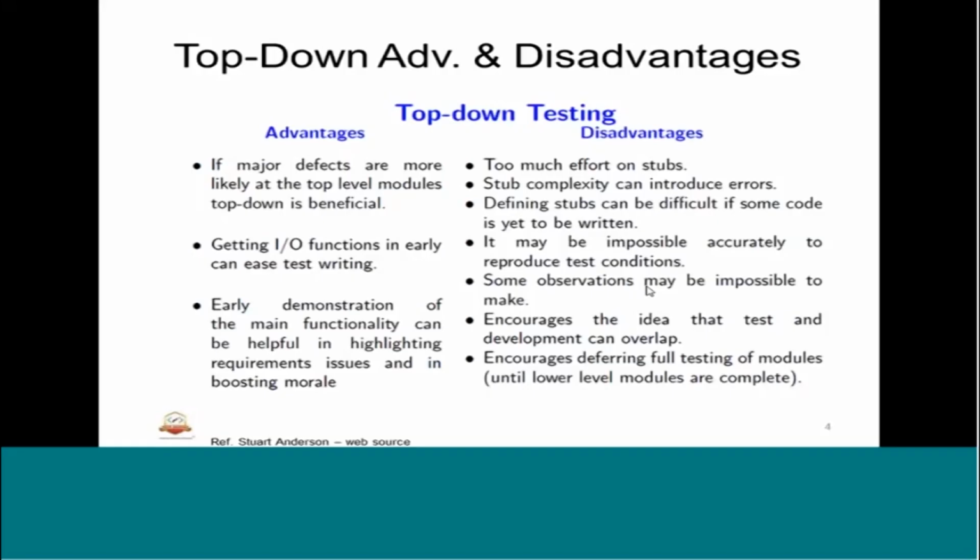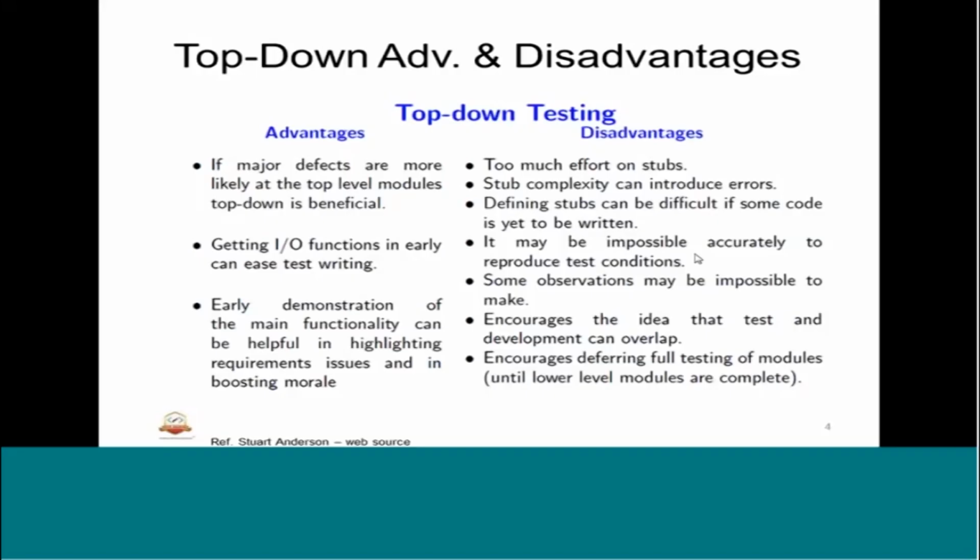Encourages the idea that test and development can overlap. That means top-down testing has a close relationship with the development aspects. So basically, it encourages the idea that test and development can overlap. Encourages deferring full testing of modules because low-level modules are not complete.